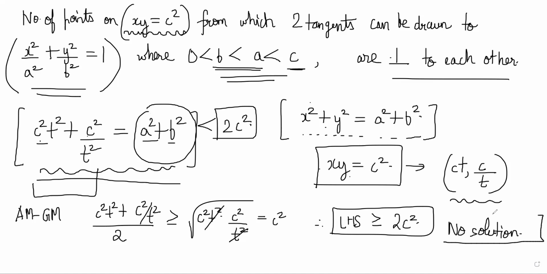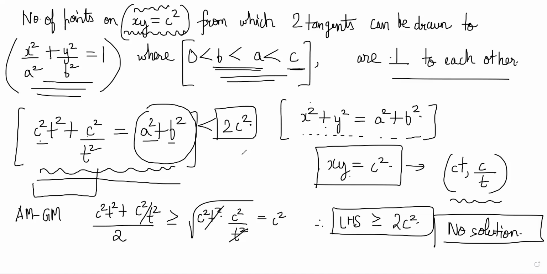So there is no such point on a rectangular hyperbola from where you can draw perpendicular tangents to an ellipse if this condition is true. If this condition was not true, then you might get some solutions.